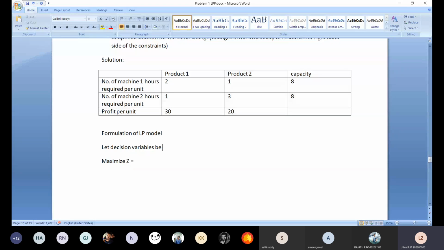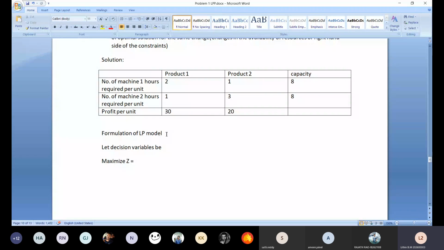Do I know in advance how many units of product 1 and product 2 I am going to produce, or am I finding it out? We need to find it out, right?